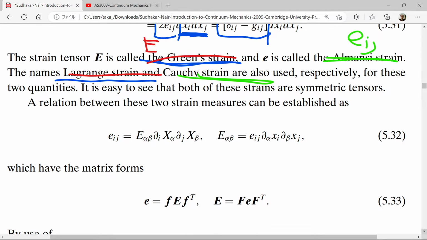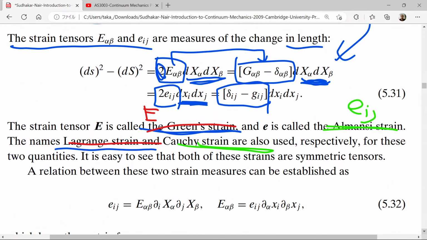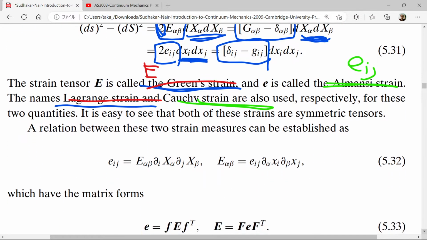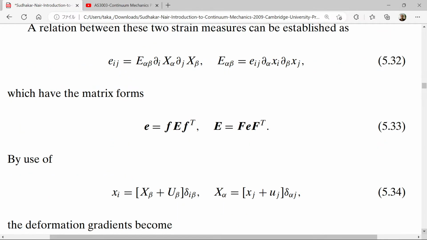A relation between these two strain measures, they call the strain tensor a strain measure. These two strain tensors can be established as, which have the matrix form by use of this.